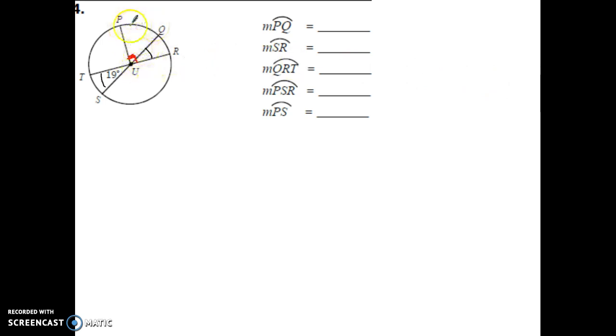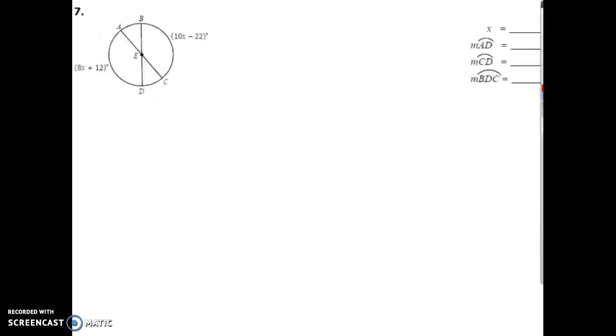So that means that these added up have to equal 90. And we already know one measure. So just find the other measure, work on your half circles, and you should be able to find the rest of these arcs. So pause this video, go ahead, do that, then go get your name tallied off with the sub.